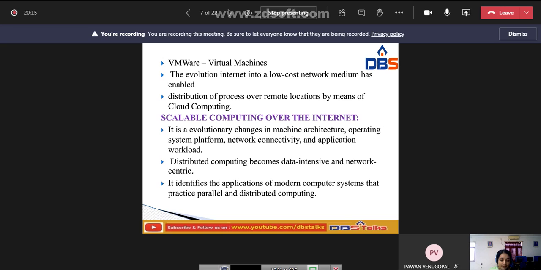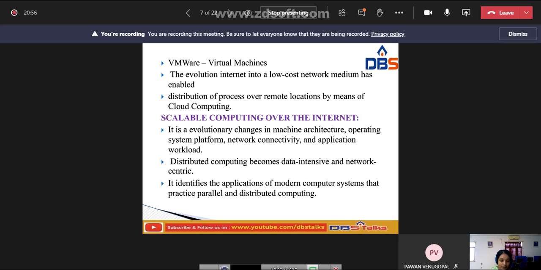Instead of using a centralized computer to solve computational problems, we use parallel and distributed computing systems that use multiple computers to solve large problems over the internet.